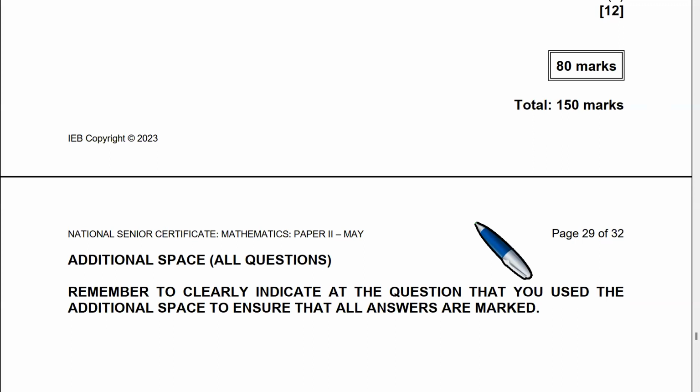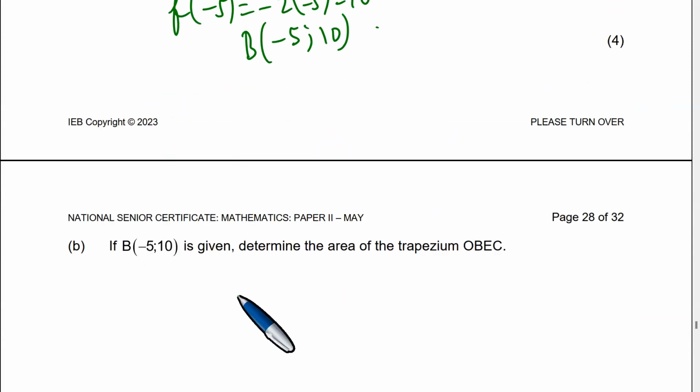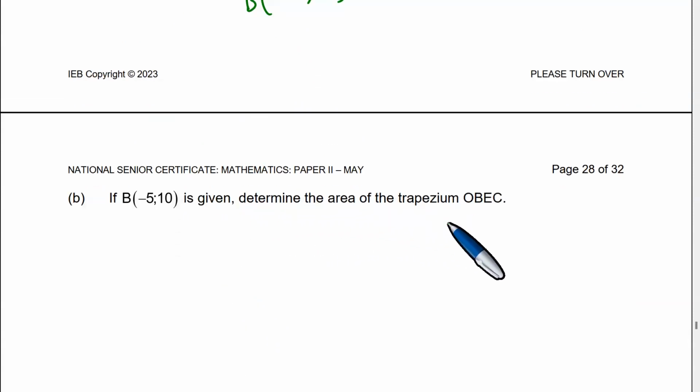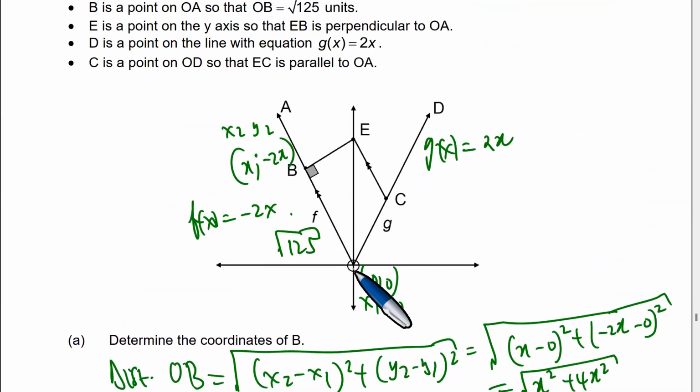If B is given, we found B to have the coordinates minus 5 and 10. Determine the area of trapezium OBEC. OBEC is a trapezium. How do you find the area of a trapezium? We say the sum of the parallel sides multiplied by the perpendicular height.